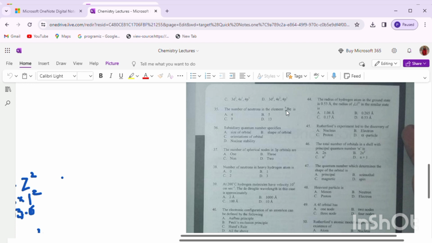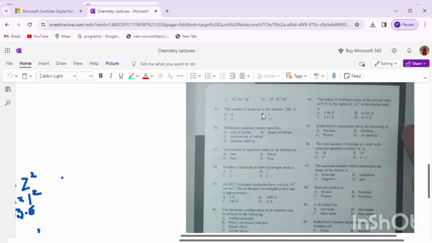Atomic mass is the combination of neutrons and protons. If I subtract the proton number from the atomic mass, I can get the neutrons, which means 9 minus 4 is 5. So there would be 5 neutrons.